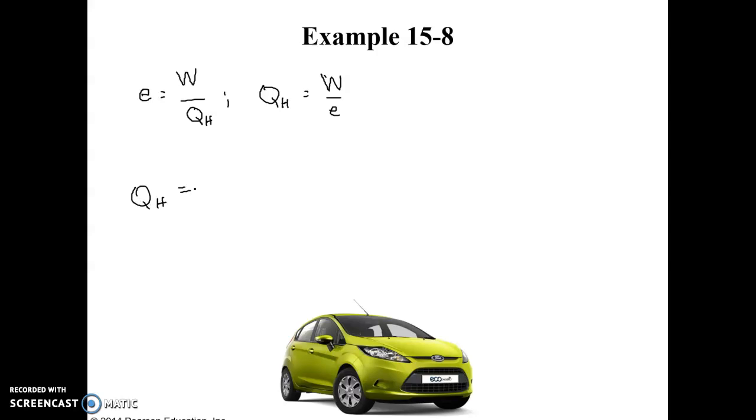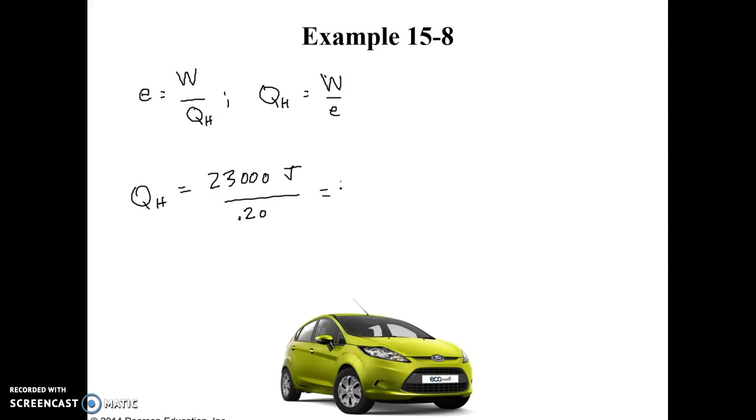So the high heat going into the system is equal to our work being done, which is 23,000 joules divided by our efficiency, which was 20% or 0.20.